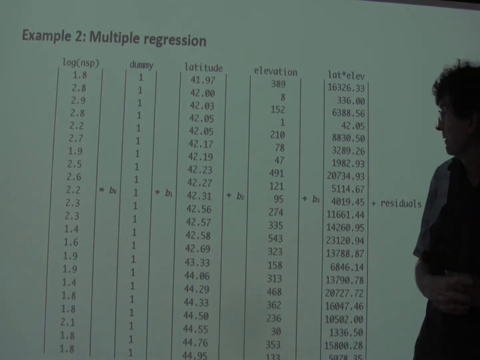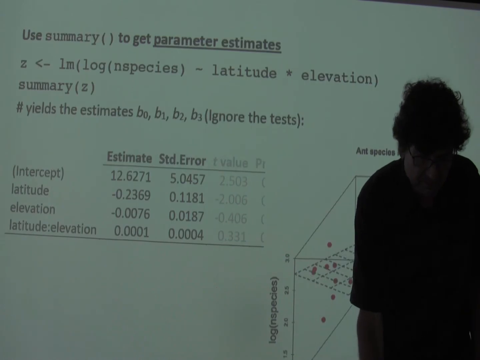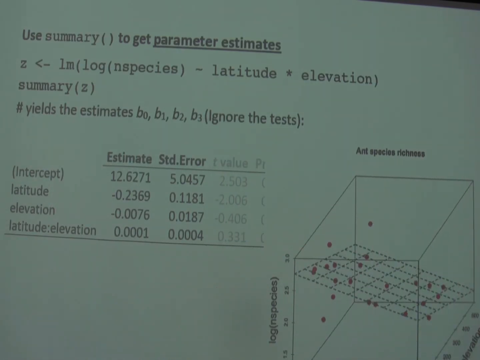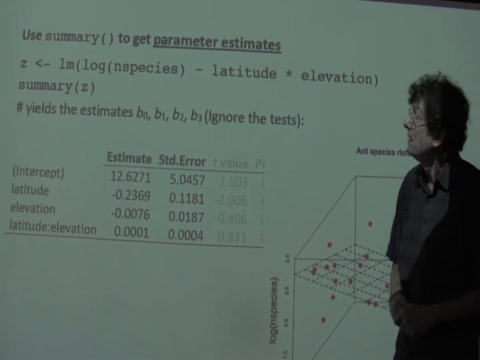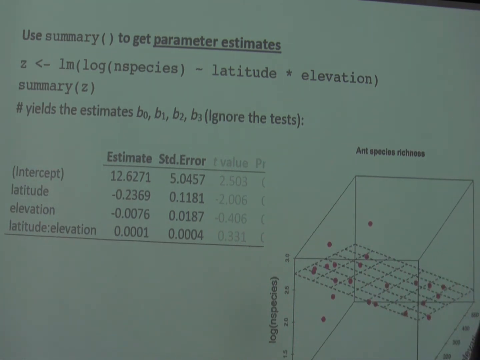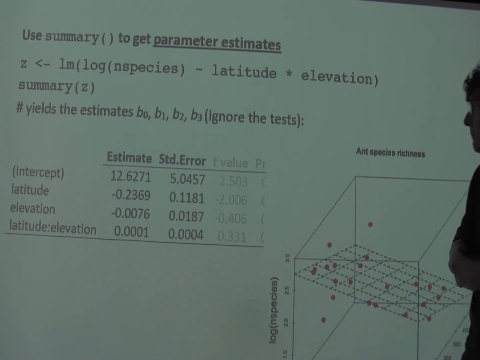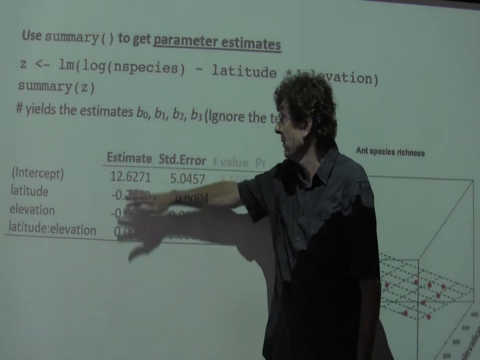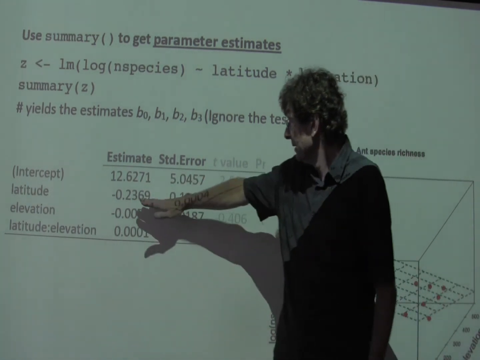Okay, so same structure as before for simple linear regression, more coefficients. Use summary to get parameter estimates. Here they are. So 12, that's the intercept.